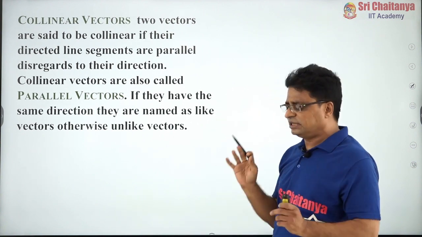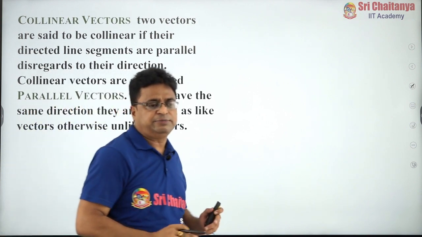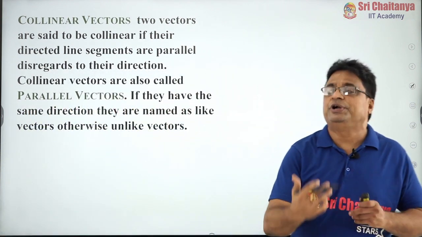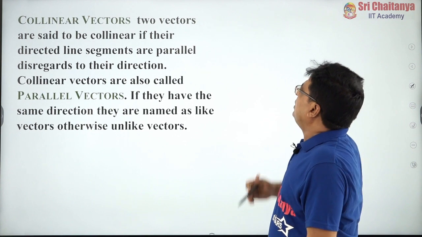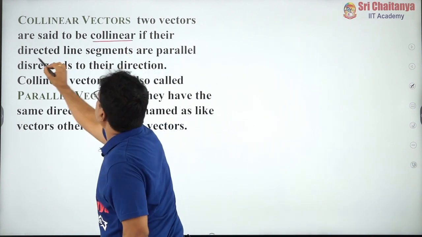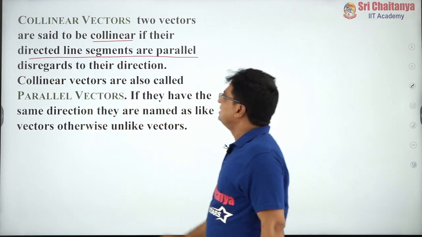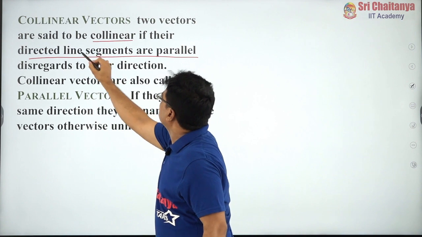Now, coming to another definition, collinear vectors. This is again a very, very important definition in the entire vector algebra after the unit vector. What do you mean by collinear vectors? Two vectors are said to be collinear if their directed line segments are parallel. Be careful about this one.